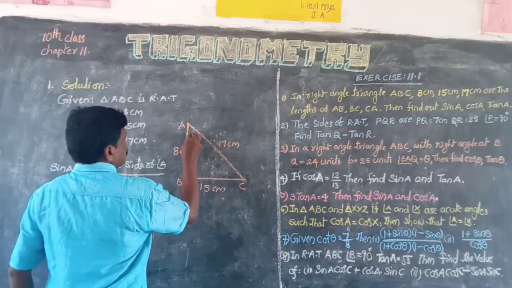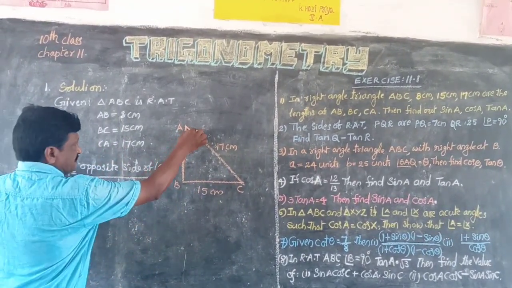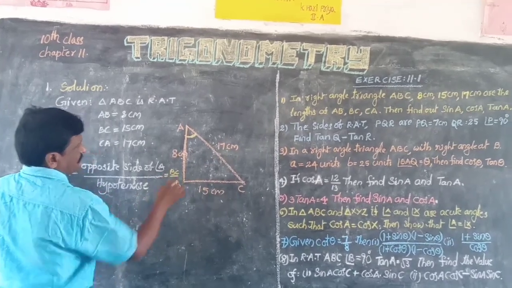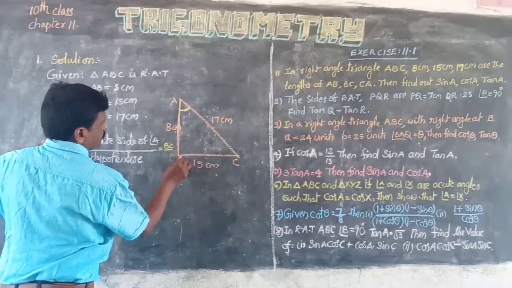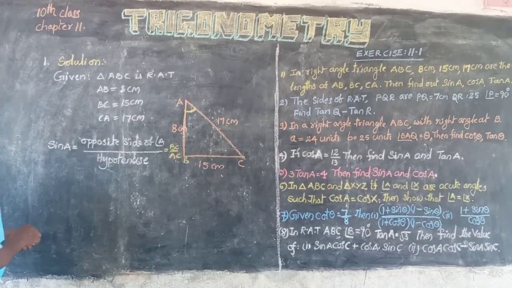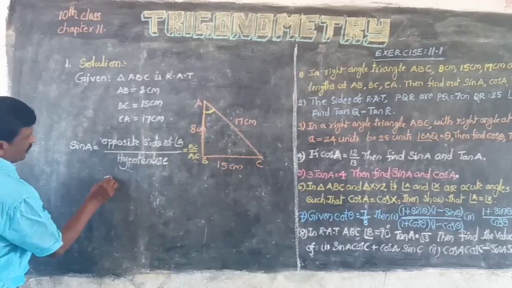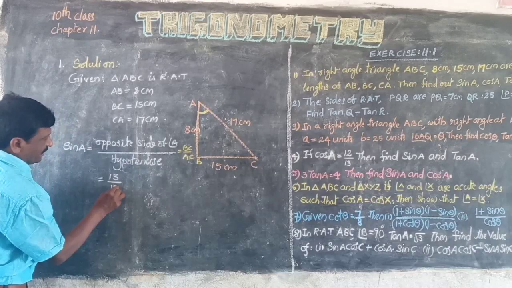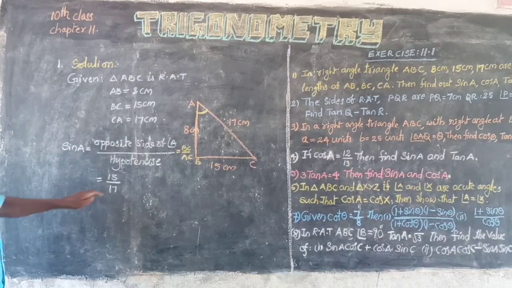This is angle A. Sin A, opposite side BC by hypotenuse AC. BC is 15, hypotenuse is 17. So, sin A is equal to 15 by 17.